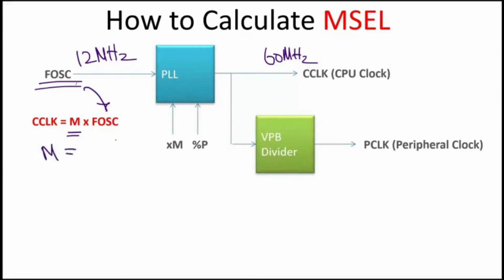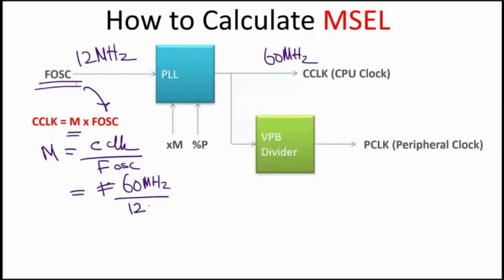M equal to CPU clock frequency divided by frequency of oscillator or oscillator clock. CPU clock requirement is 60 MHz. I have an oscillator clock of 12 MHz. Therefore, I end up getting an M value of 5.